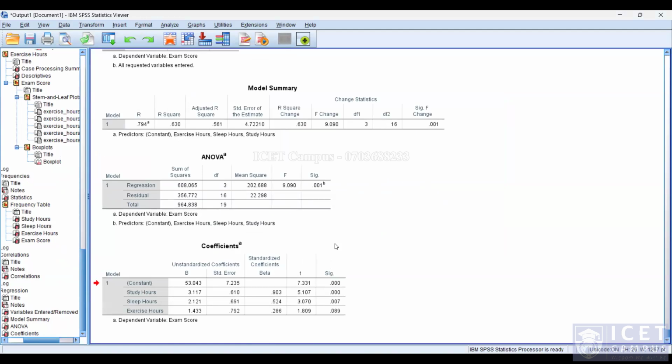We need to write the regression equation here because they have three independent variables for one dependent variable, right?